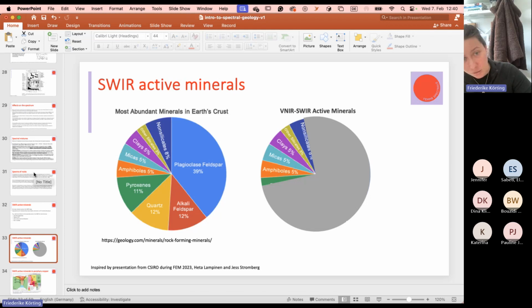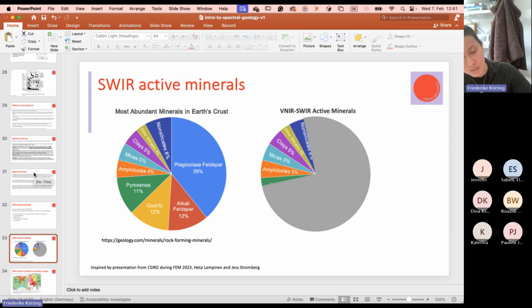That's why it's very typical to map alteration mineralogy and not the main constituents of the rock, which would probably be feldspar and quartz, because those become active in the far infrared.